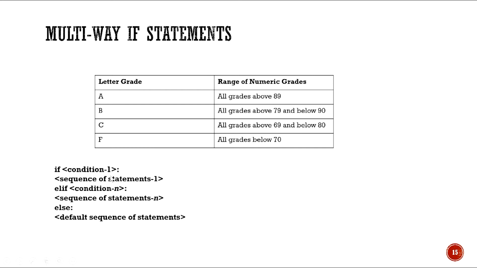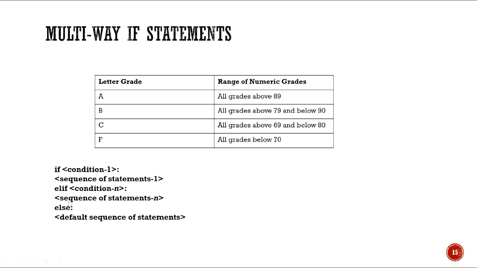multi-way if statement. We start with if, condition colon, and then we have a sequence of statements. Then for the second condition we use elif. Elif colon, then the sequence of statements, and at the end for the very last condition we have else. So here we are adding elif. If, elif, else.